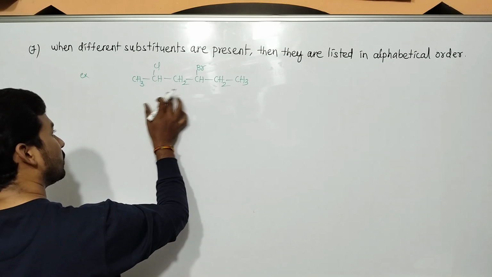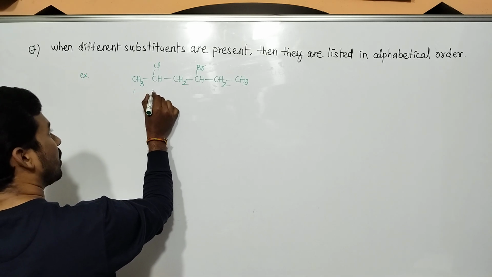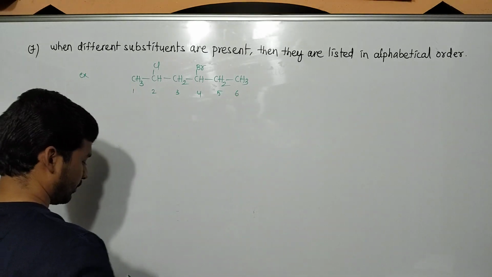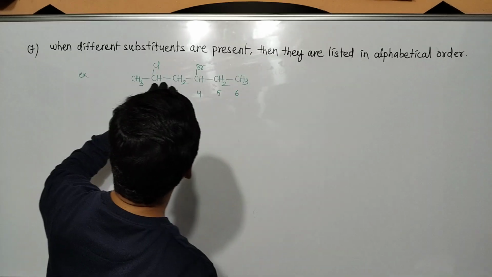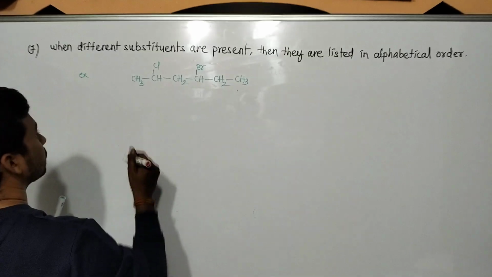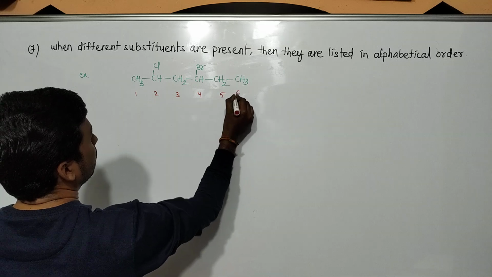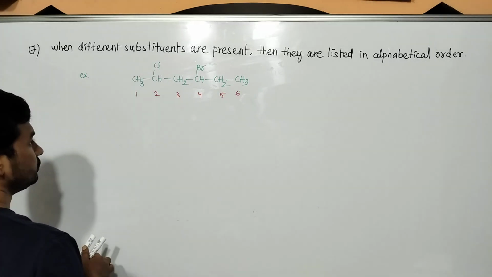If you give numbers right to left, this one is 3. So 1, 2, 3, 4, 5, 6 is the appropriate method of numbering, based on first point difference.